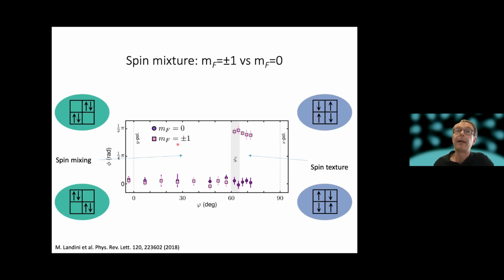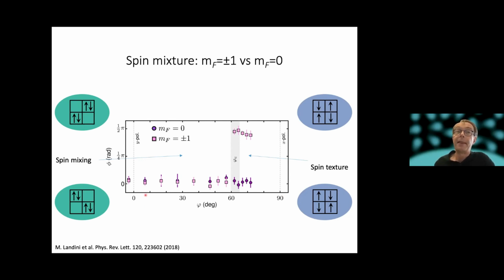Let's focus on the spin mixture of MF equal +1 and -1. And then you get a phase diagram shown like here. The parameter on the horizontal axis is this angle of polarization.